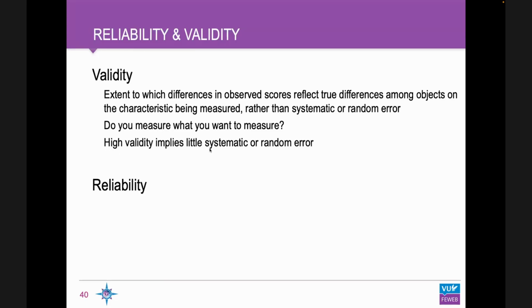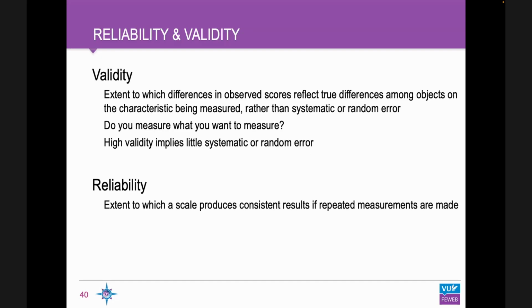So high validity implies then little systematic or random error. In the case of reliability, we talk about the extent to which a scale produces consistent results if repeated measurements are made. Okay, so I ask a certain question multiple times in different ways, and people should answer in the same way.